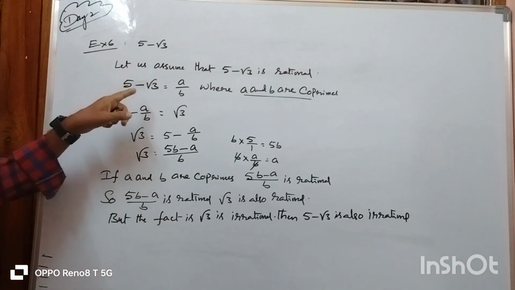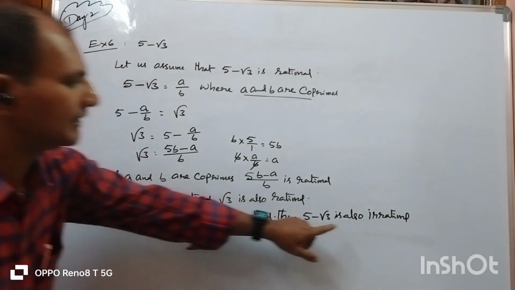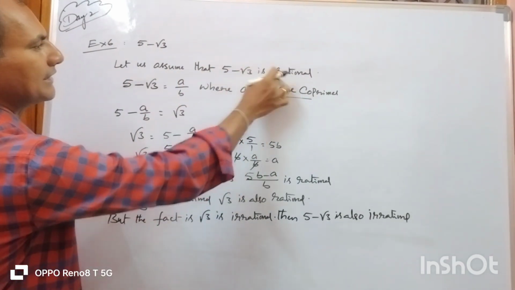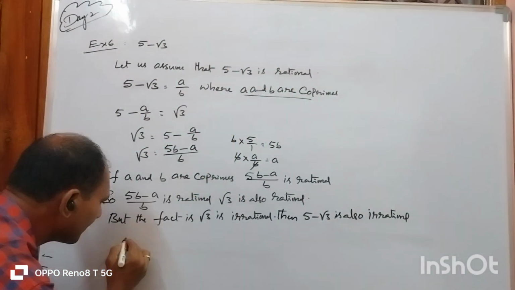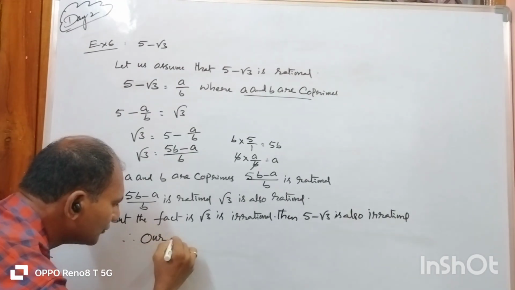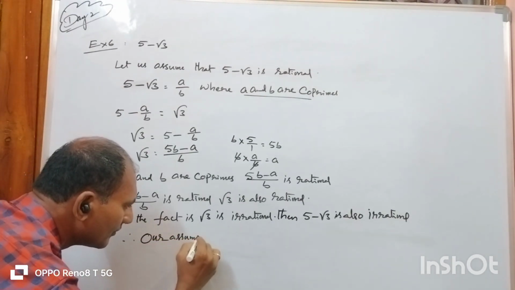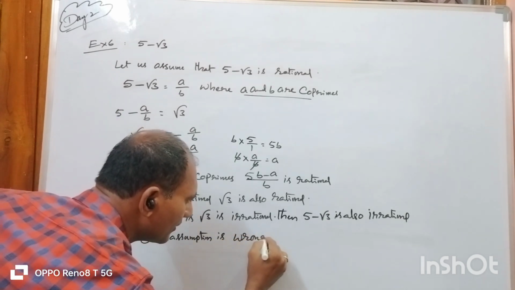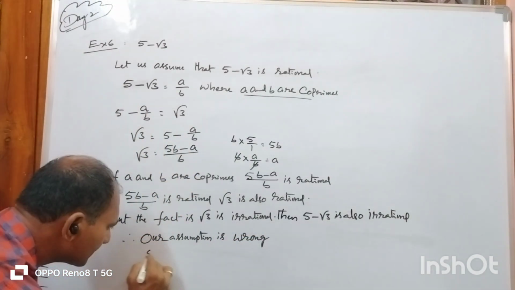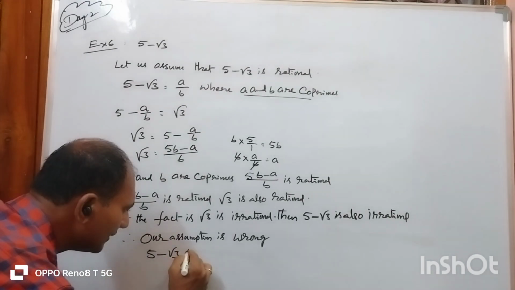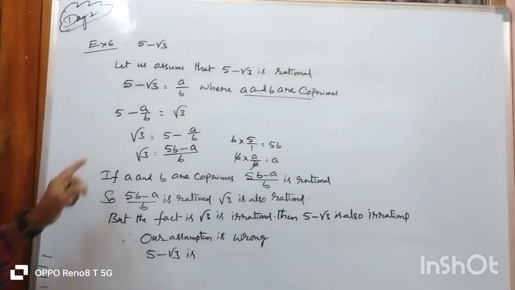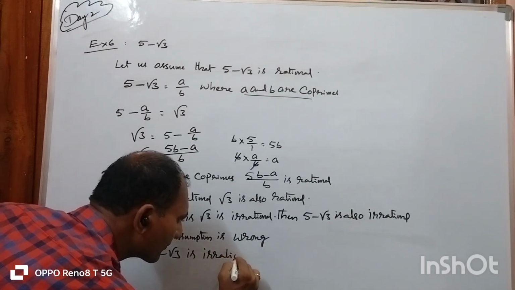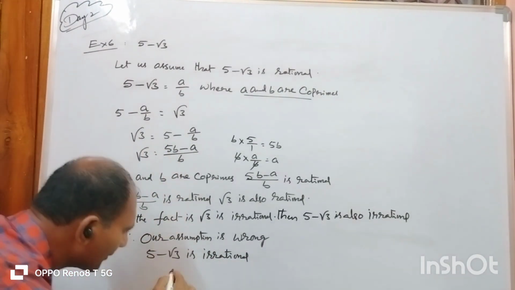So this is irrational. But what did we assume? This is rational, right? So our assumption is wrong. Therefore, our assumption is wrong, which means 5 minus root 3 is irrational. Hence proved.